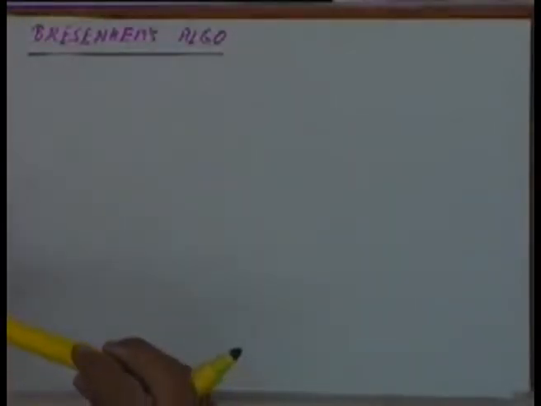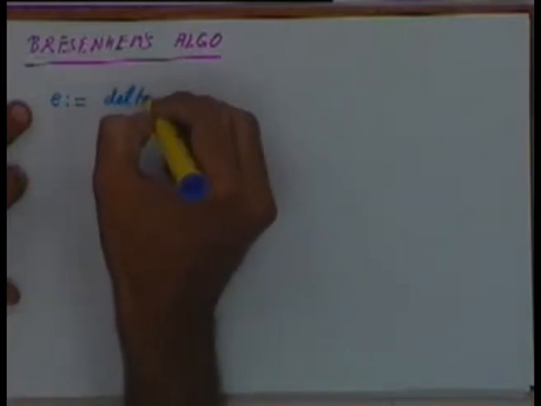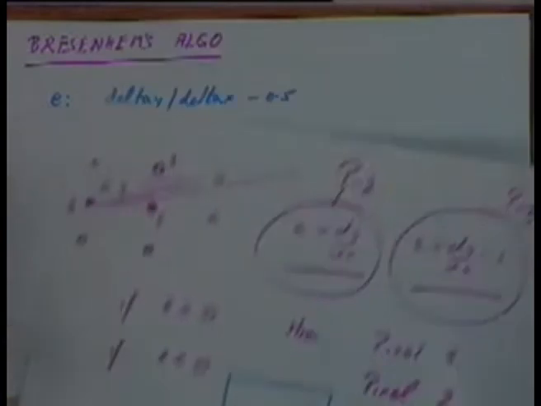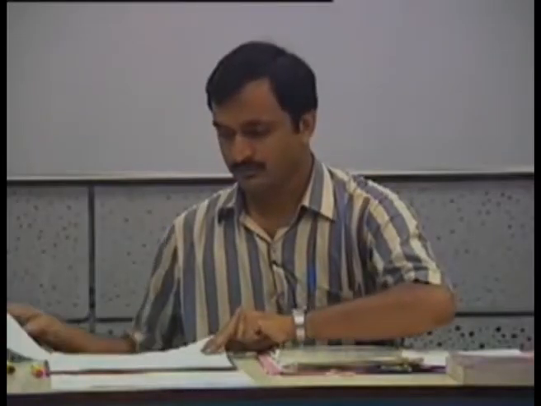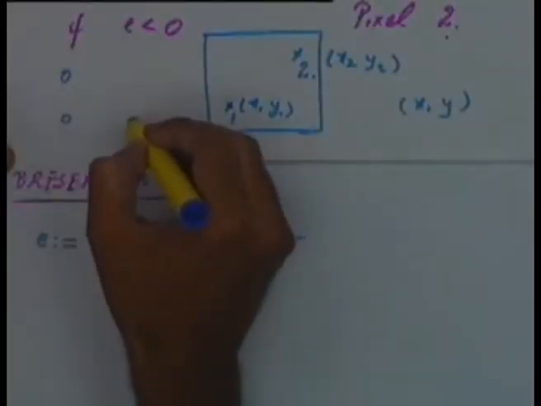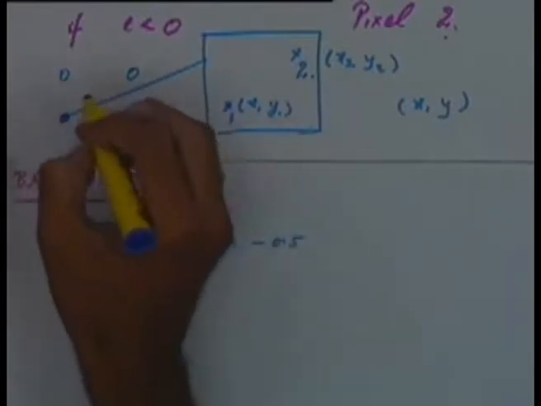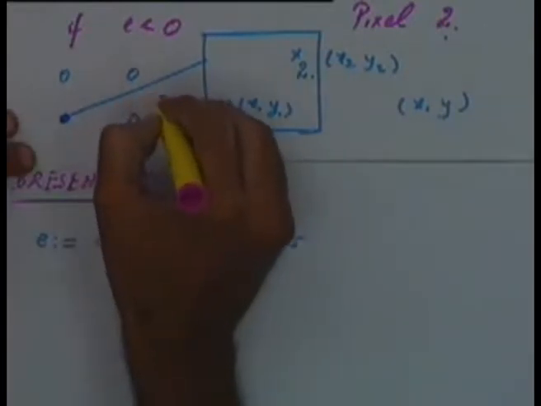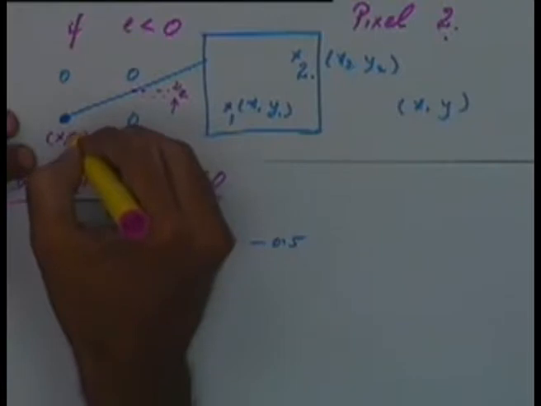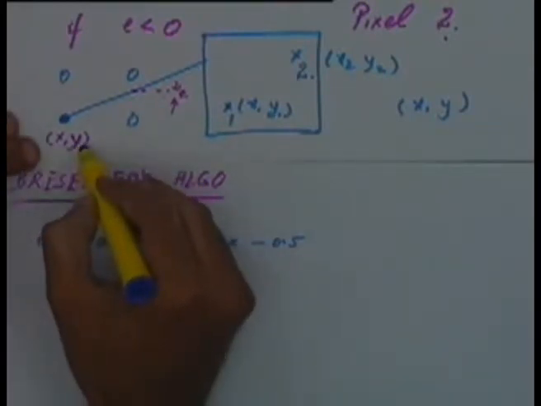So at the start of the algorithm, we will compute the error term, which initially, when we display the pixel xy, that is the starting pixel. Xy is the starting pixel that is being displayed.